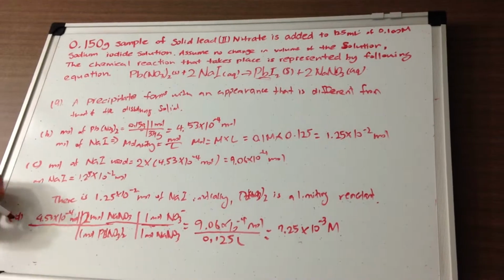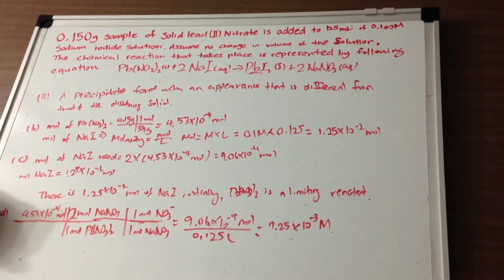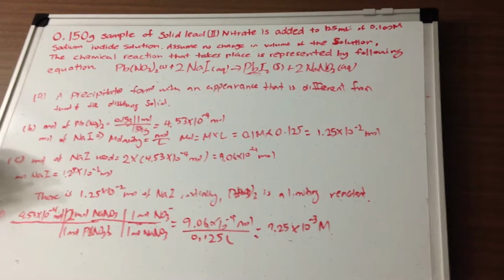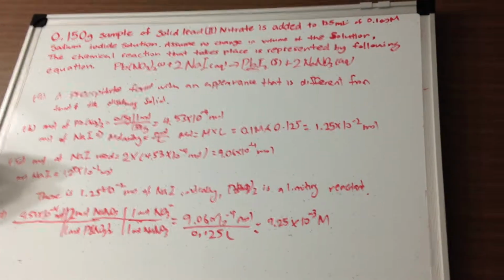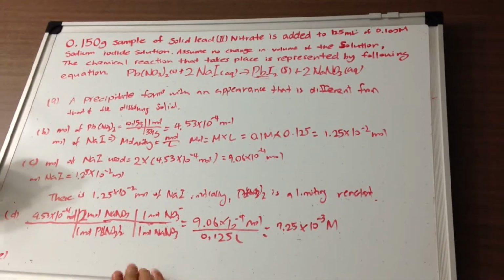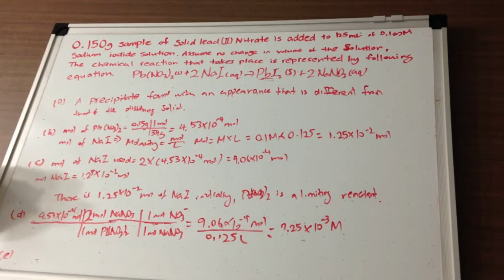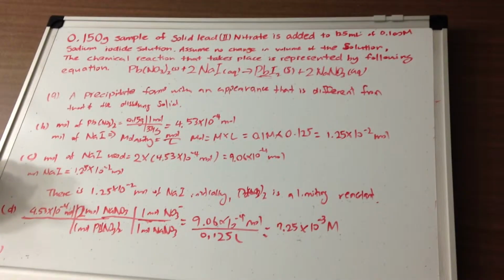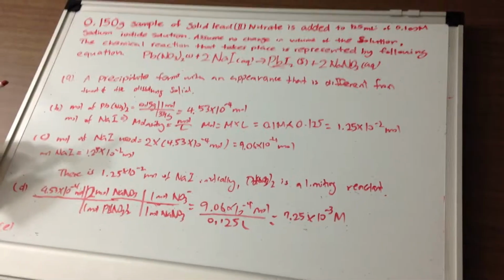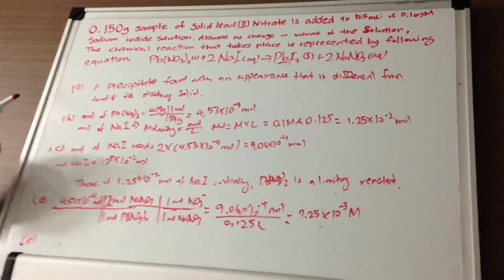Okay, moving on to the last question, which is number E. Choose the diagram below that best represents the result after the mixture reacts as completely as possible. Explain the reasoning used in making your choice.